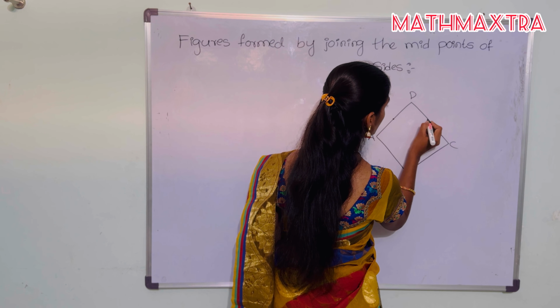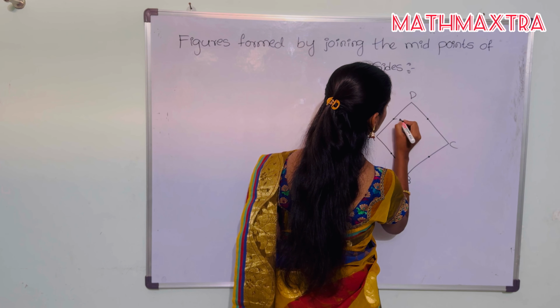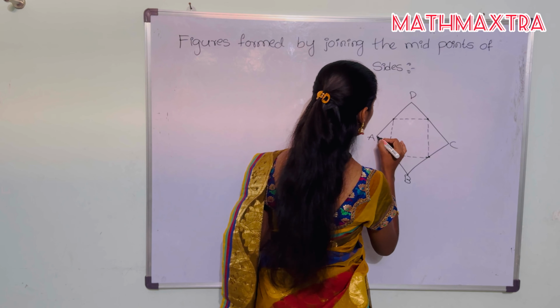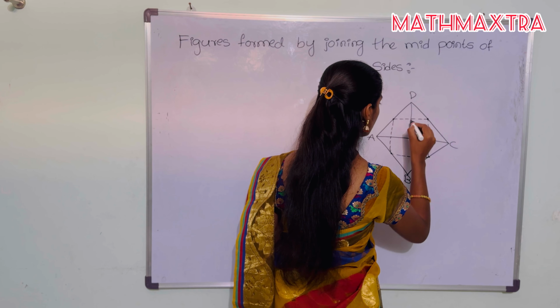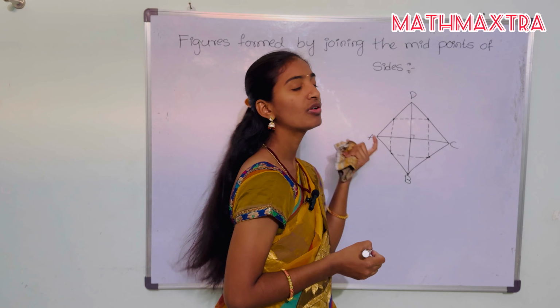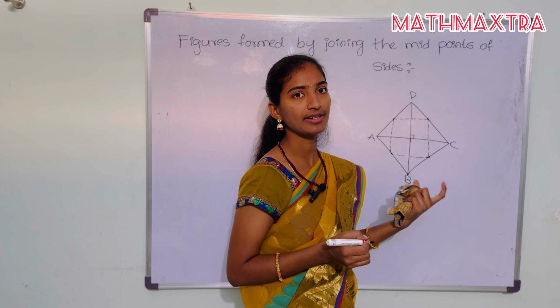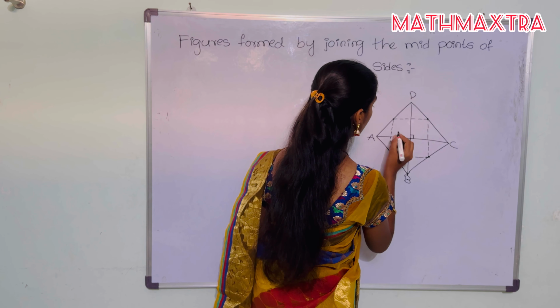Now I am joining the midpoints of the sides of a rhombus. Now I am drawing a diagonal AC and I am also drawing a diagonal BD. In the rhombus, the diagonals are always perpendicular bisectors, isn't it? These are perpendicular bisectors.